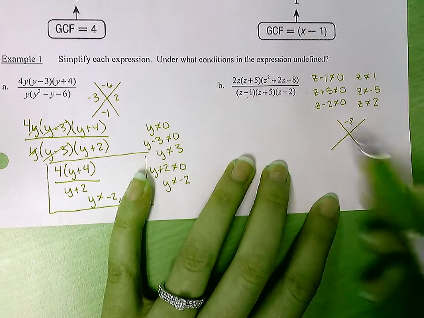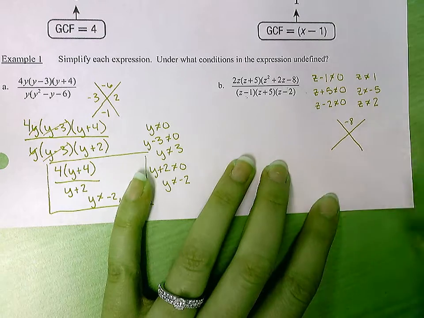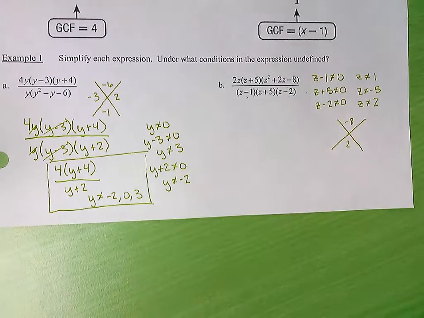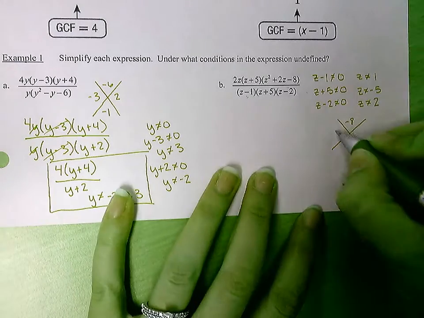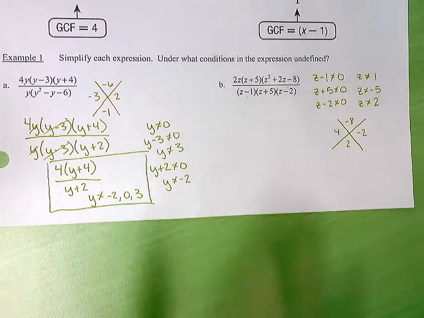That's negative 8. Your middle number goes on the bottom. So what multiplies to negative 8 and adds to 2? 4 and negative 2.